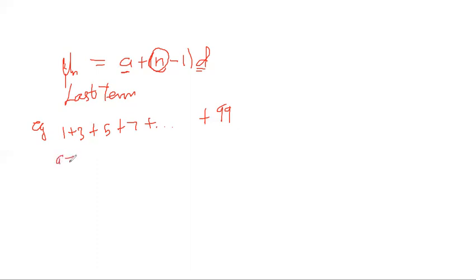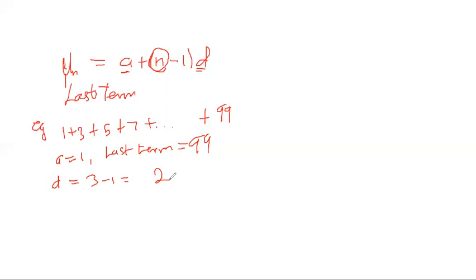Here my A is 1 and my last term is 99. My D is 3 minus 1, and this gives us 2. So I'm going to substitute in the formula.